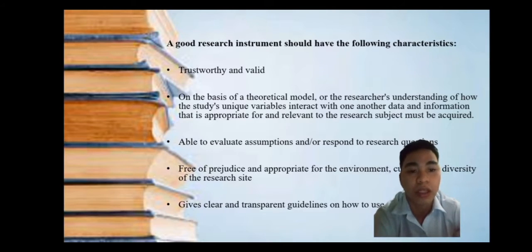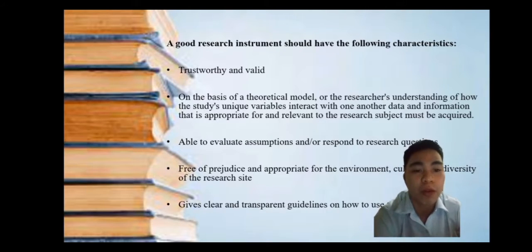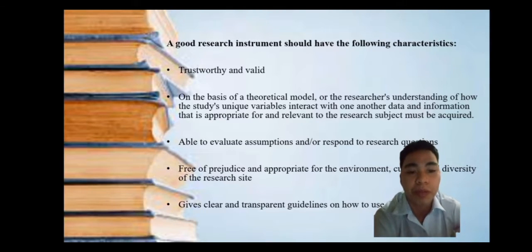Number three, able to evaluate assumptions and or respond to the research question. Next, free of prejudice and appropriate for the environment, culture, and diversity of the research site. Gives clear and transparent guidelines on how to use the instrument.